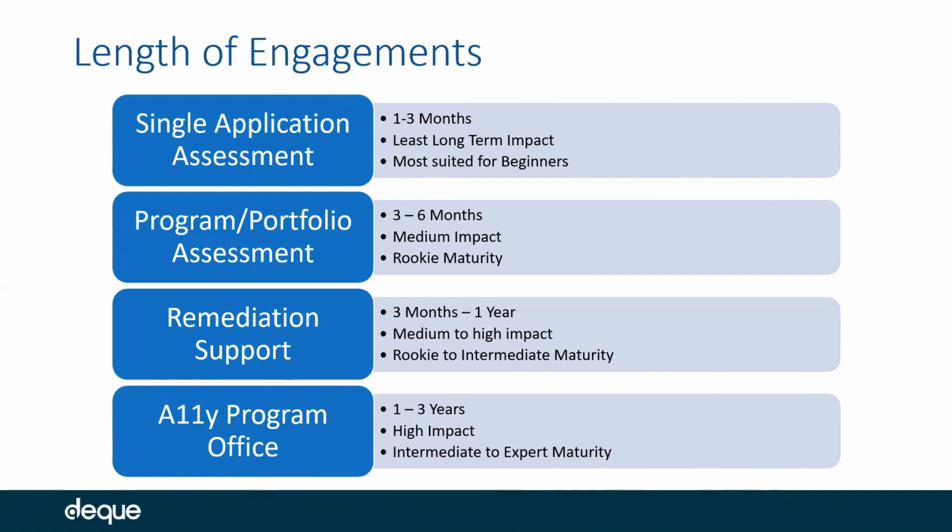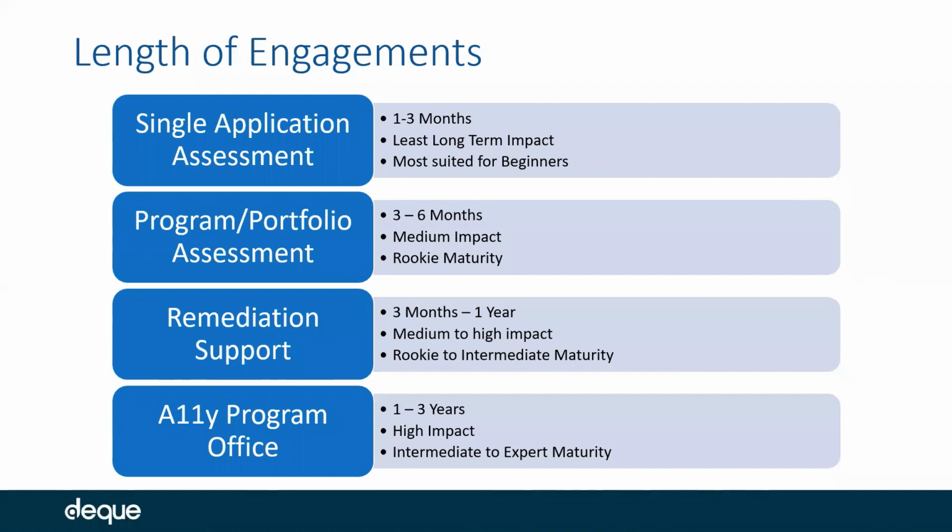It could take some of your partners or your organizations 3 to 6 months to get through all the assessments. The remediation support projects, that's where you're really working with a vendor to help your development team. Those can last from somewhere between 3 months to a year. And that's accounting for the fact that your vendor partner is working with your developer in your development life cycle.